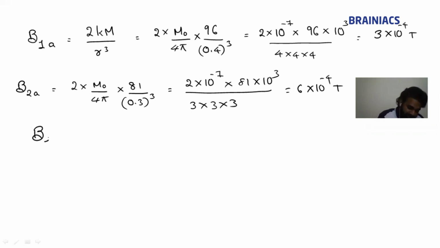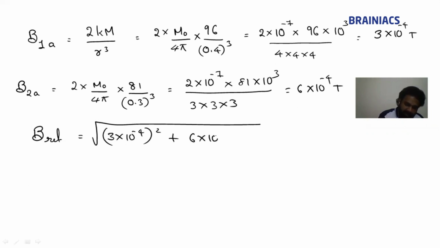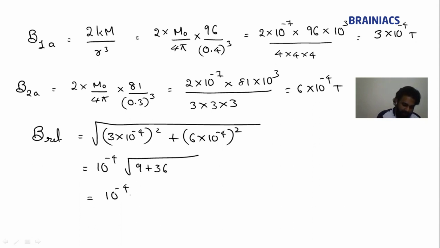The resultant magnetic field is going to be the root of, since they are mutually perpendicular, 3 into 10 raised to minus 4 the whole square plus 6 into 10 raised to minus 4 the whole square. The formula is A square plus B square plus 2AB cos theta, where theta is 90 degrees. Cos 90 is 0, so we don't write that part. If we take 10 raised to minus 4 outside, this is going to be 9 plus 36, which gives 10 raised to minus 4 into root 45.